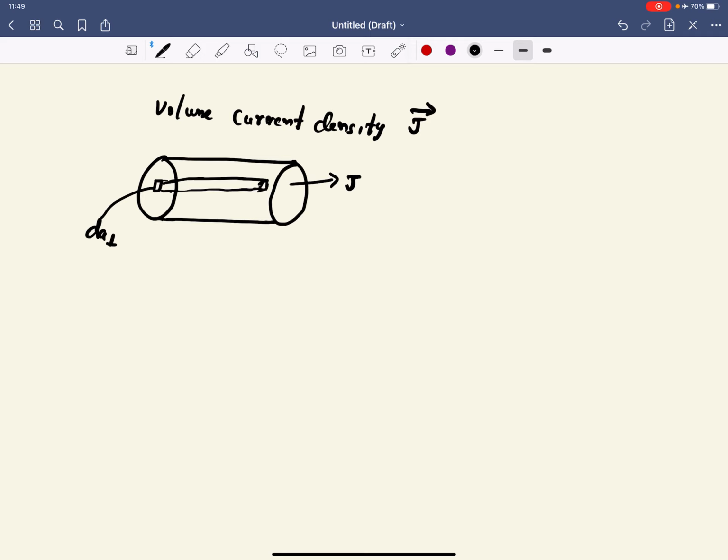This infinitesimal cross section area is perpendicular to the flow.